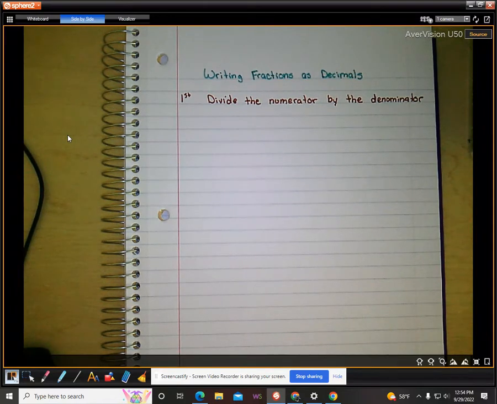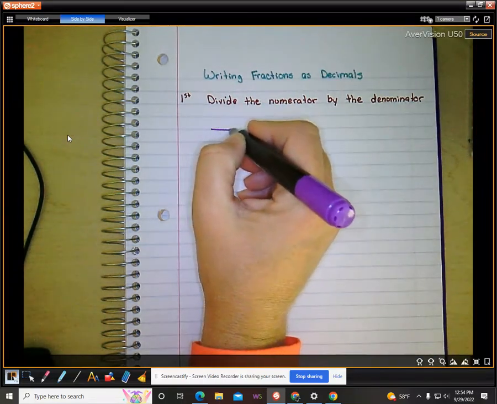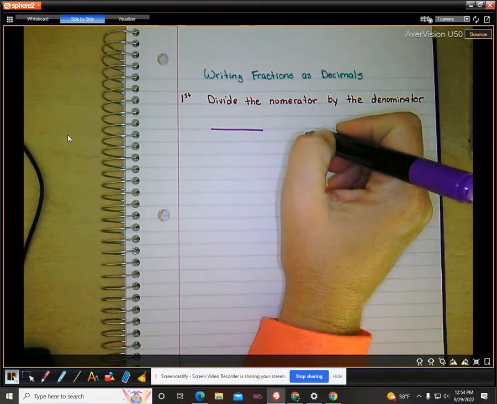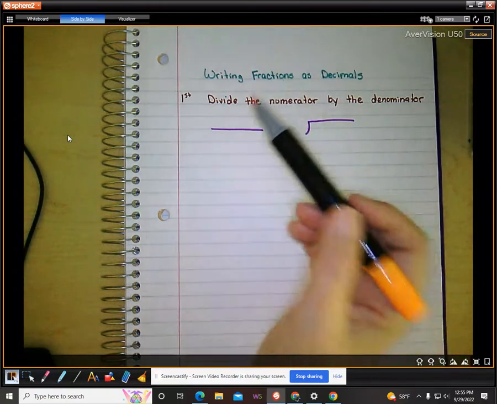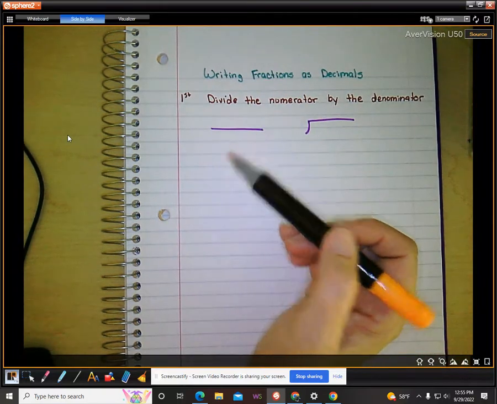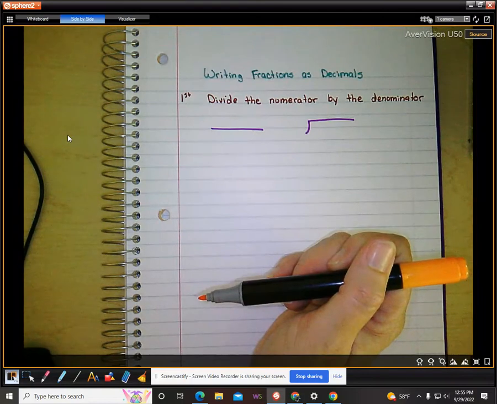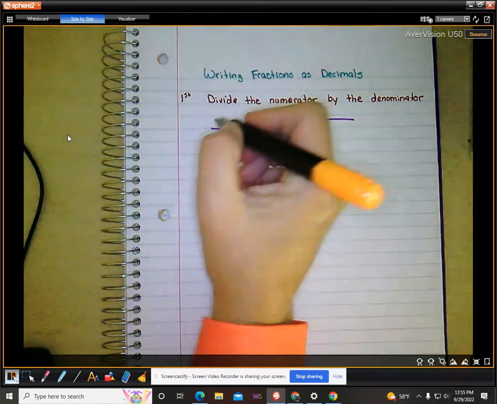Okay, so I want to take a look at a fraction, because if we're still not sure when we look at a fraction which number is the numerator and which number is the denominator, then we're going to be a little bit confused. So when you have a fraction, is the top or the bottom number the numerator? Anisha? The top one.